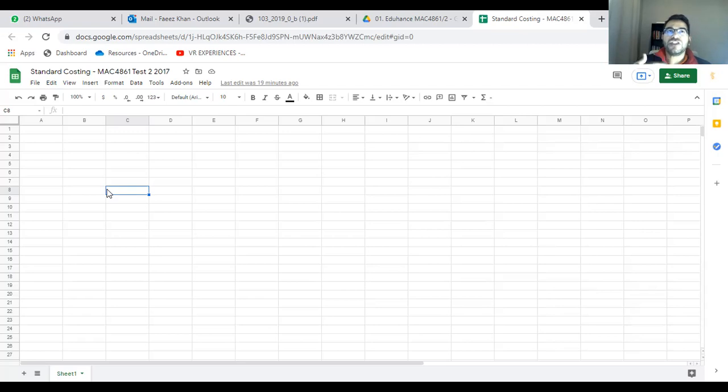In order to flex your budget, you need to identify the actual units. Before you can identify actual units, you need to know what is a unit. So that's very important. If you're a furniture manufacturer making tables, then 1 unit is a table.